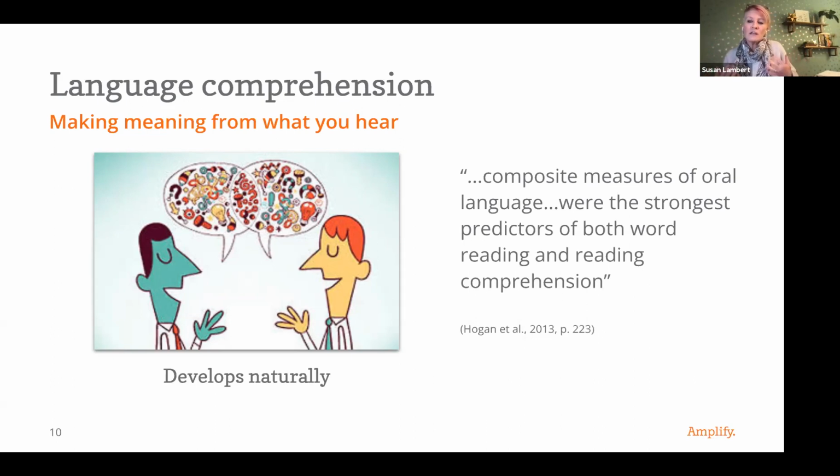It's the ability to carry on a conversation, to talk deeply about a topic, to have vocabulary. And really what we find is that measures of oral language are really good at predicting whether a kid can read words or their reading comprehension level. So the better oral language development kids have and continue to develop, the better readers they become.